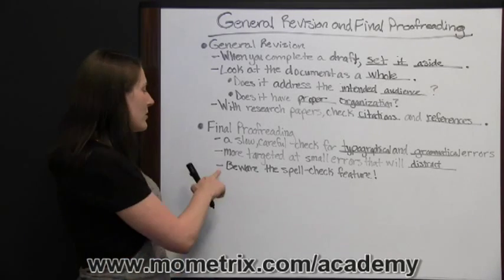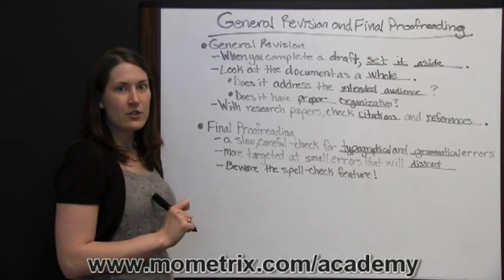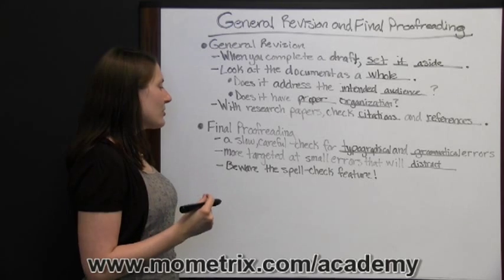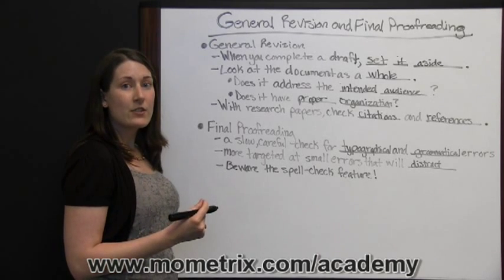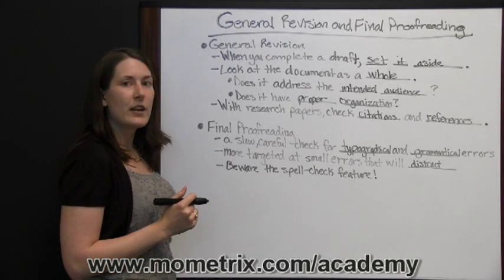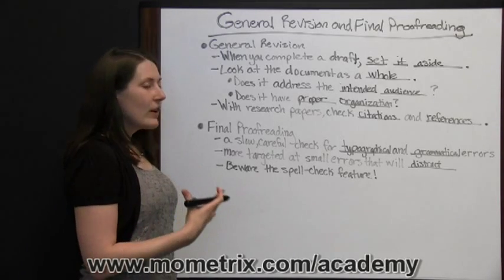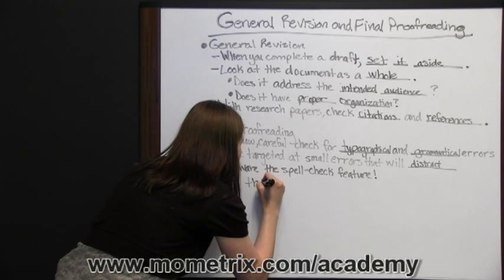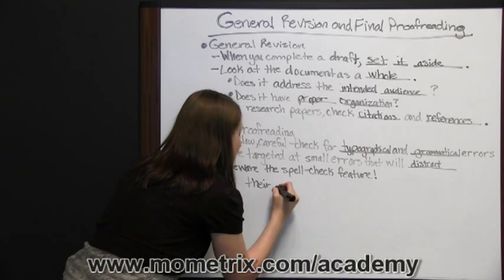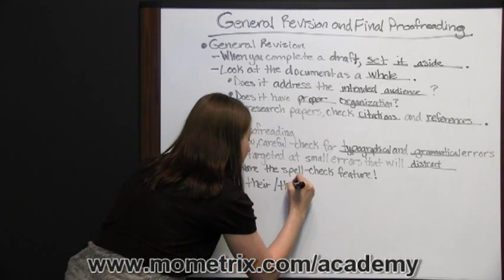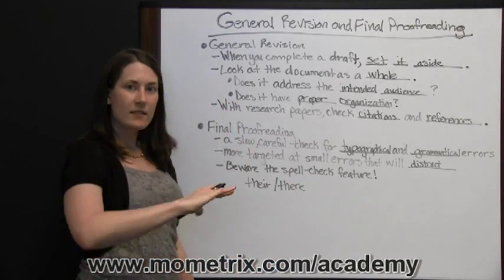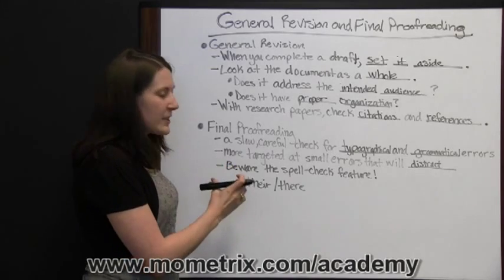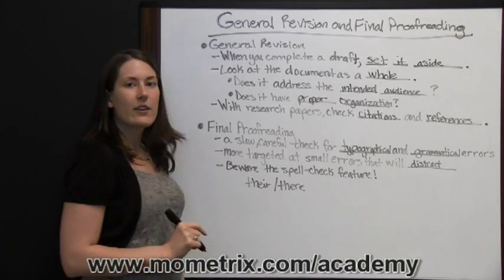So on that note, I want you to beware the spell check feature. Most likely you will be typing your final draft, and you should not rely solely on the spell check feature of most Word programs to correct your paper completely. Using words like their, possessive, versus there, place in space, the spell check feature won't find these as incorrect words.